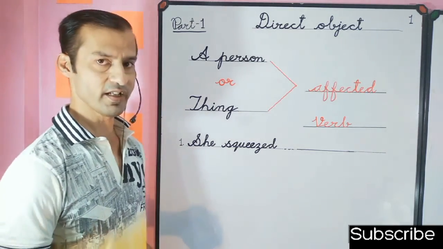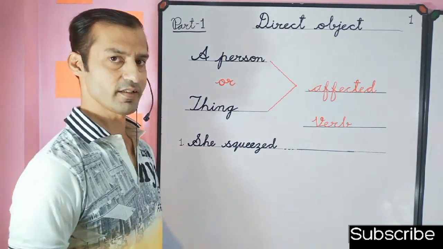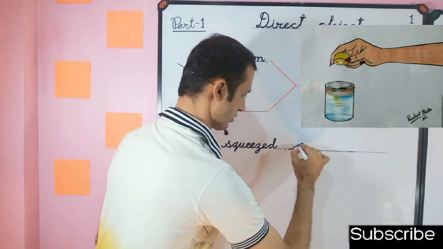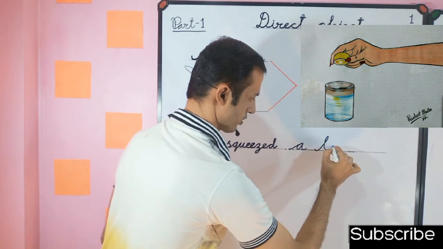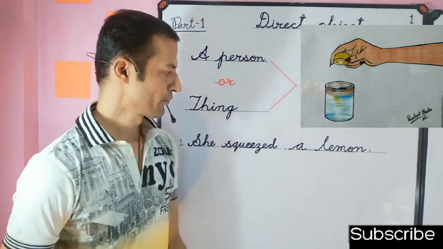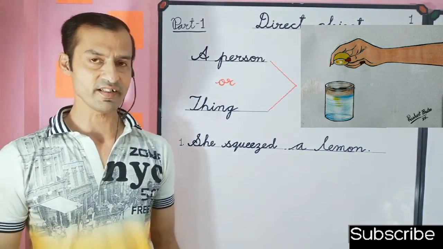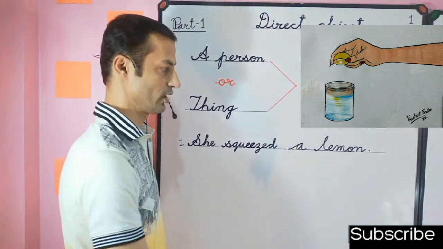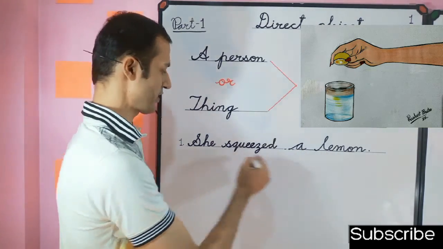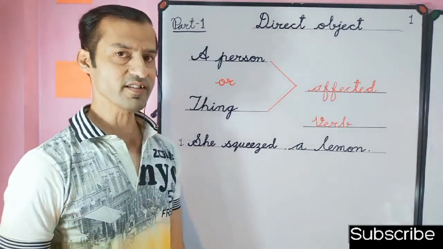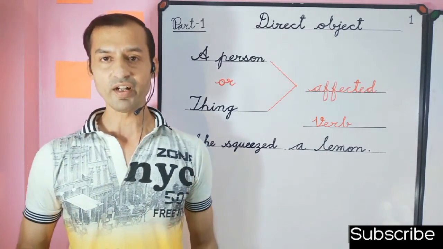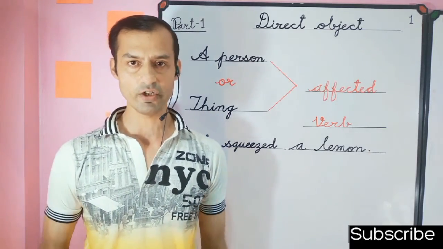So if I add a direct object, suppose a flower or a lemon, it becomes a right sentence, and a lemon is the direct object. She squeezed a lemon. And remember that some verbs take only one kind of object. So this is the direct object.